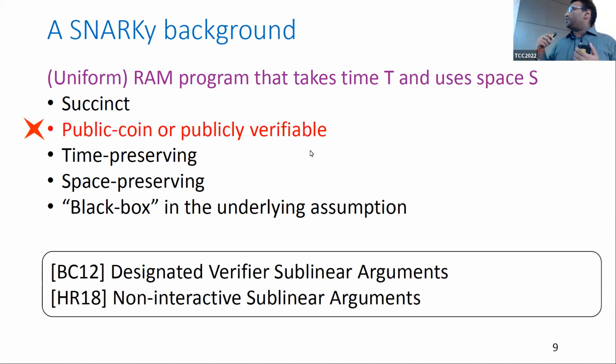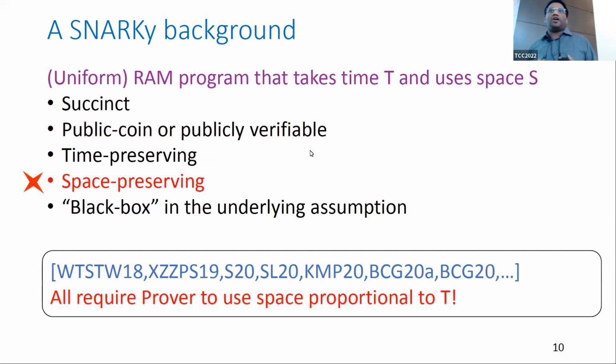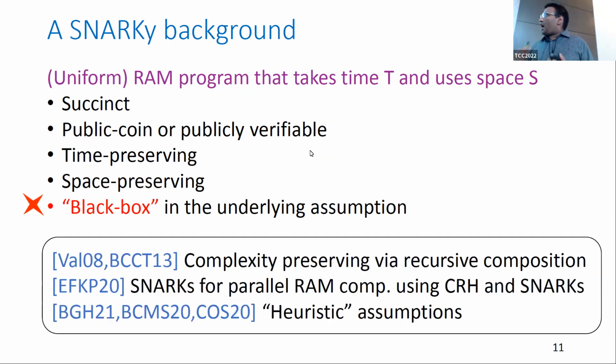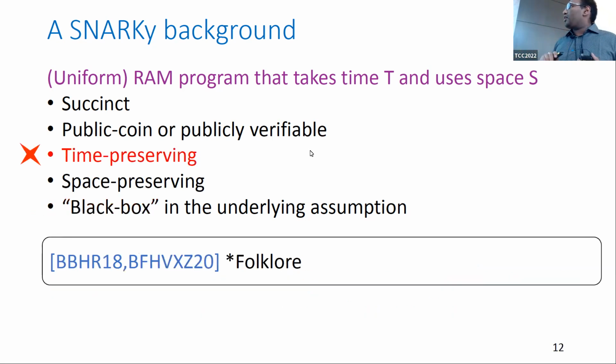For example, some works use private coin or are not publicly verifiable. Some works require the space complexity to be proportional to the running time t. Some works are either non-black box in the underlying assumptions, or they use a heuristic assumption. Or there are works where if you constrain the space complexity, the running time blows up.